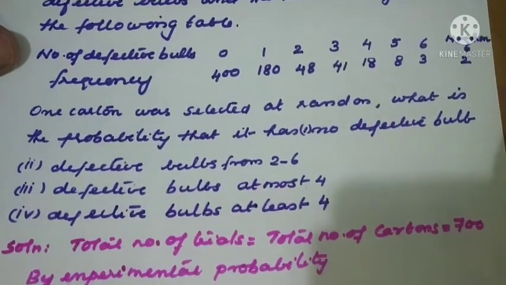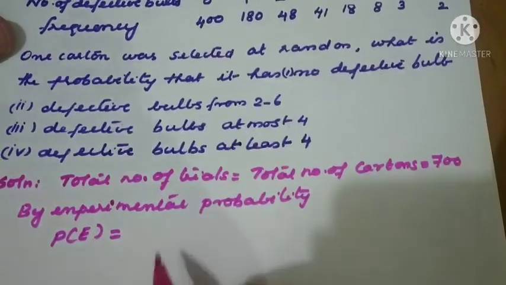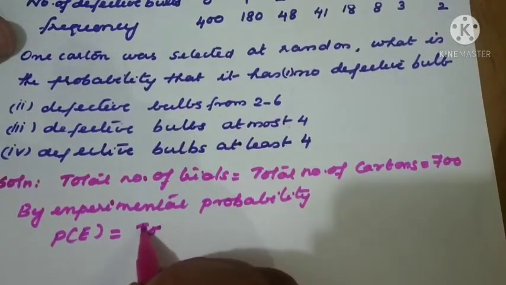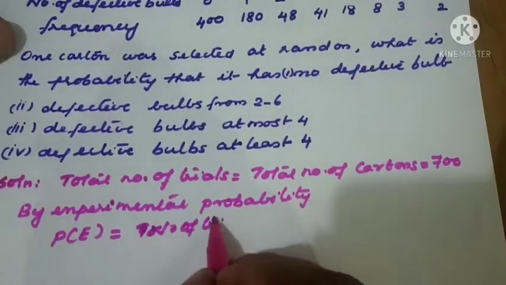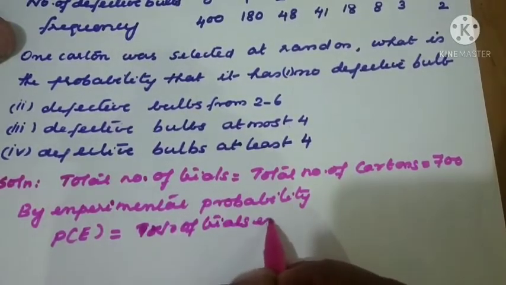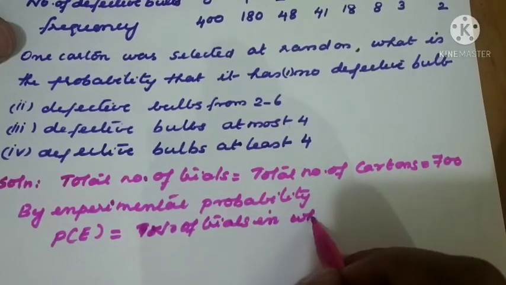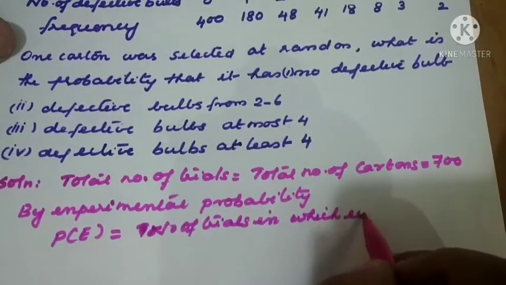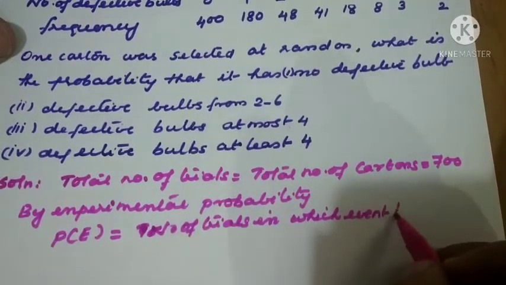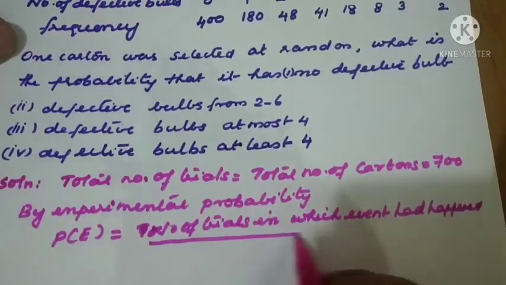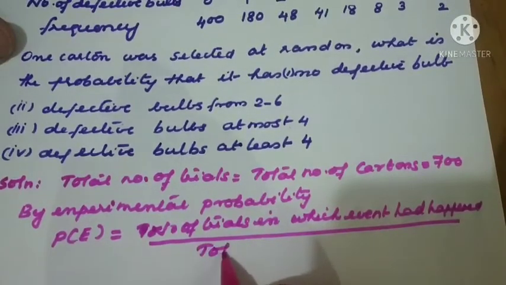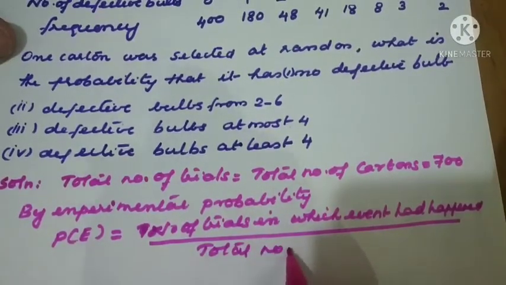By experimental probability, P of E equals the number of trials in which the event had happened by the total number of trials. So we have written the formula.